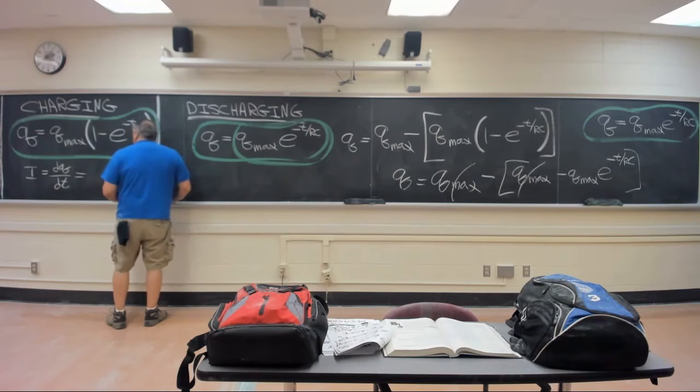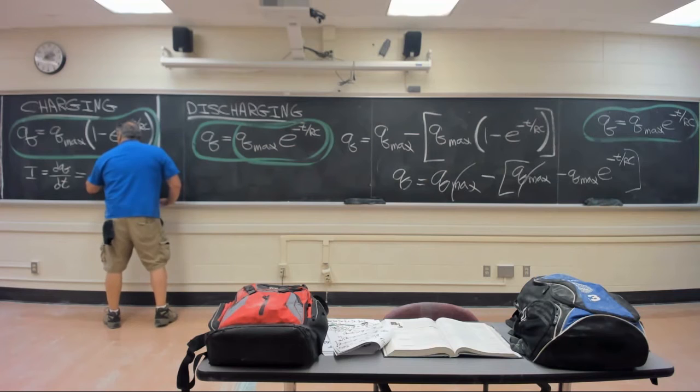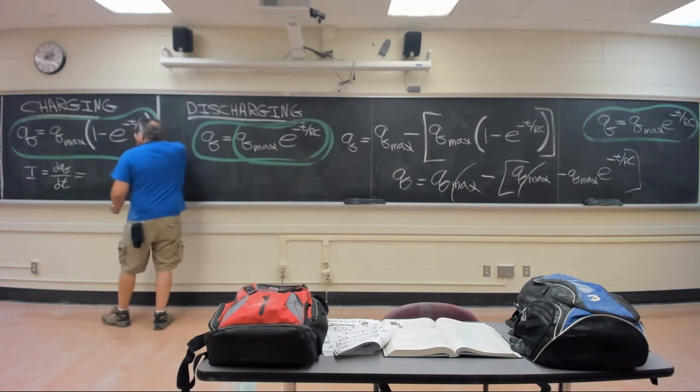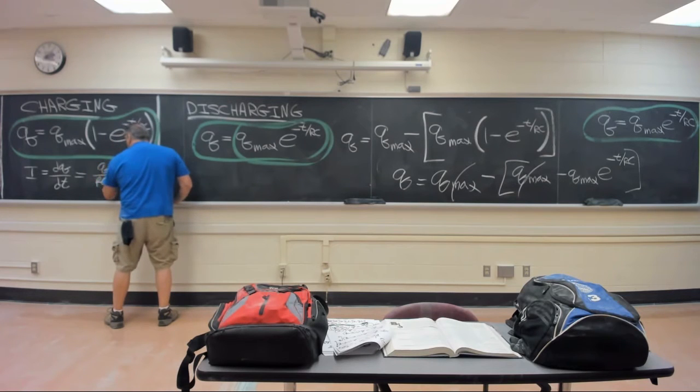Here, it's going to be negative. Let's see here. You got negative Q max. This guy stays as is, and the negative comes down. Negative Q max, and a negative this is going to be Q over RC. Well, wait a minute. Q over C is voltage, maximum voltage.